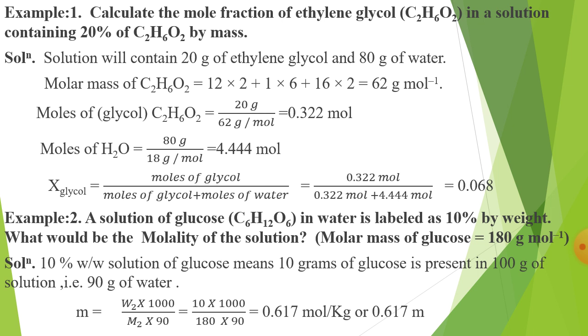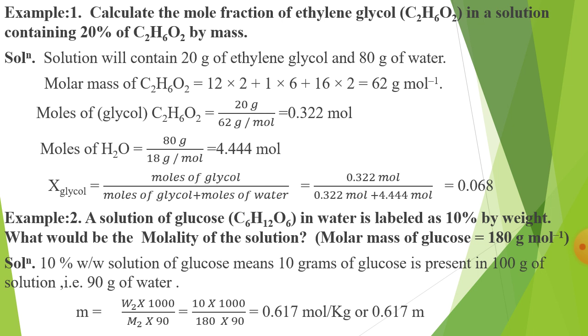That is 0.322 mole divided by 0.322 mole of glycol plus 4.444 mole of water. After solving, we get the mole fraction of glycol as 0.068. If the question also asks for the mole fraction of water, you can calculate it as 1 minus 0.068.